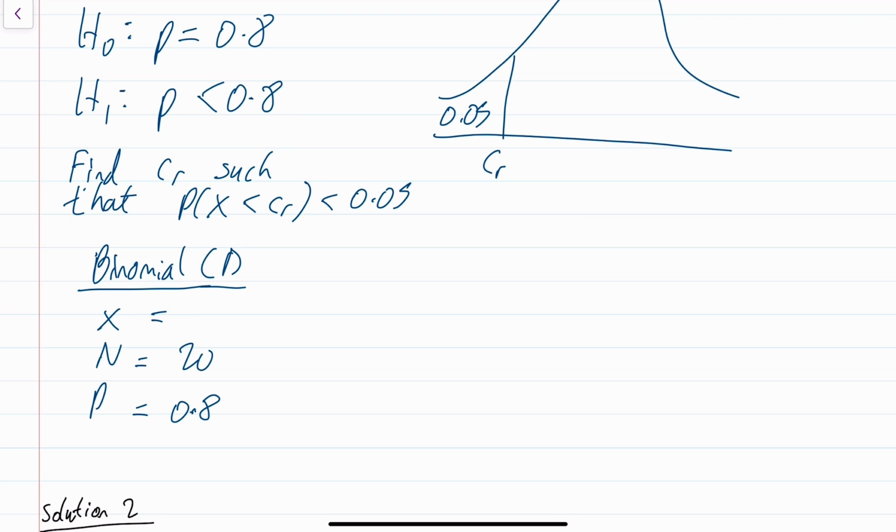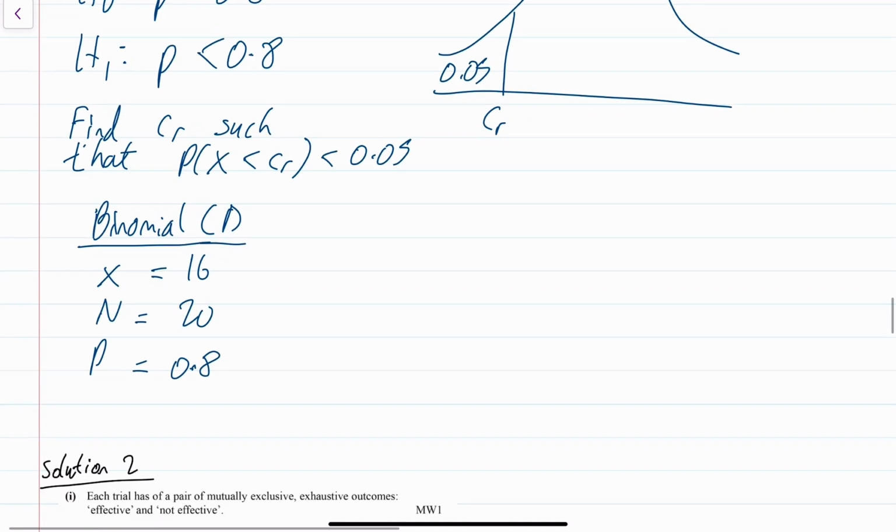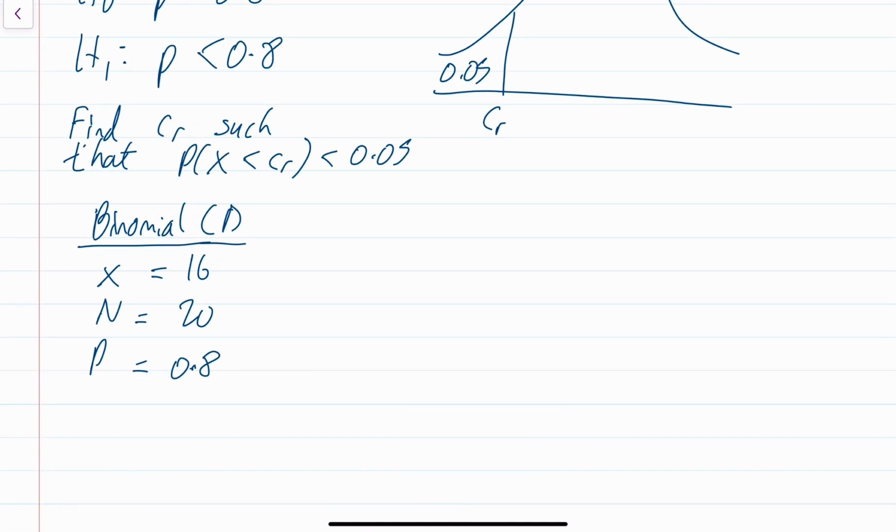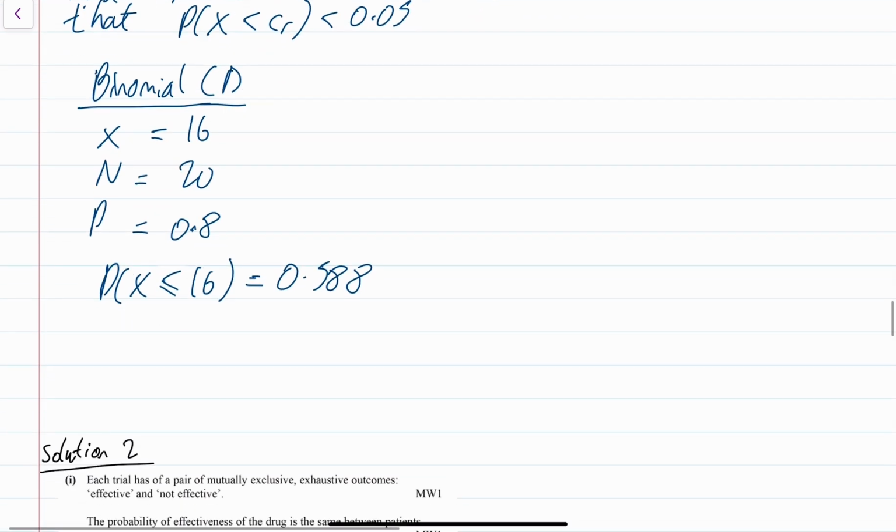So I'll put in 16 first of all, and when I put in 16, what I got was the probability X is less than or equal to 16 is equal to 0.588, so 58.8%, way too big. So I'll try something else.